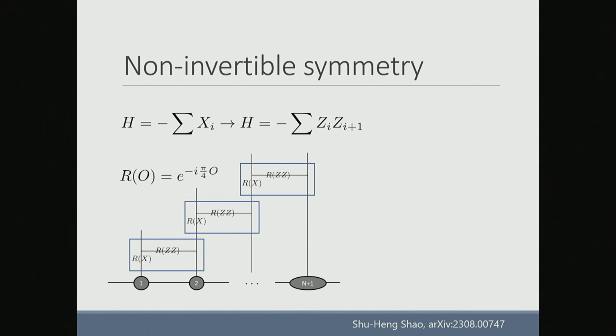And as I showed you previously, here's a quantum circuit implementing that transformation. And as a generalized symmetry that people study, this is a very exotic type of symmetry, of course, because the symmetry combined with its inverse does not go back to the identity, but goes back to identity plus something. But that's exactly why we call it a generalized symmetry, that doesn't form a group structure, and so on.